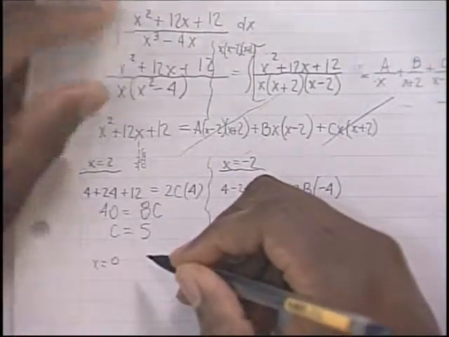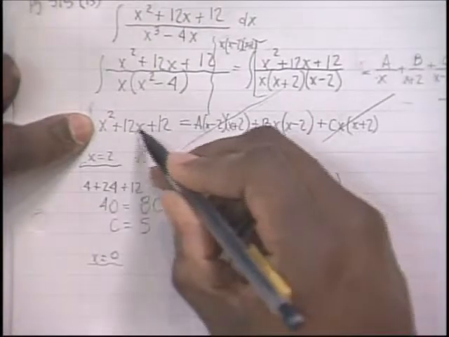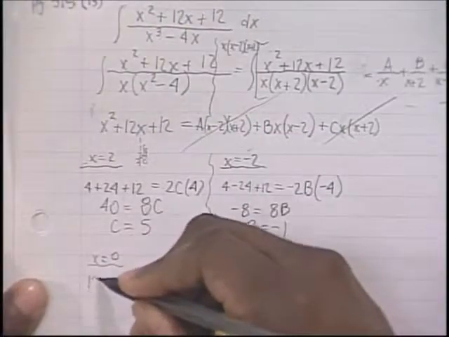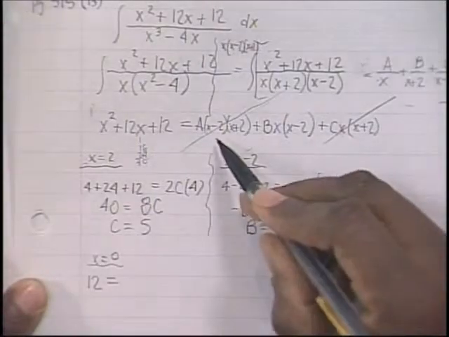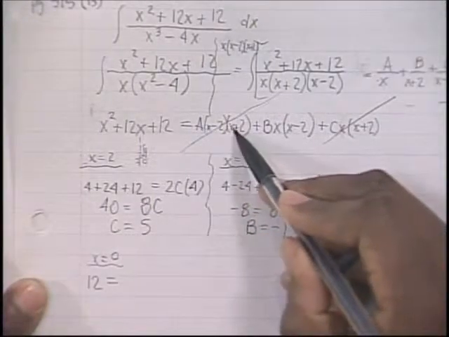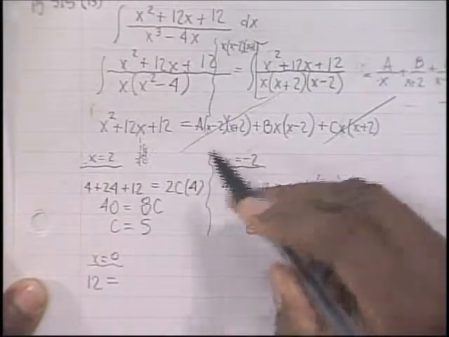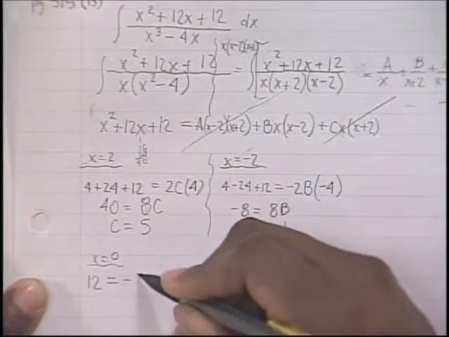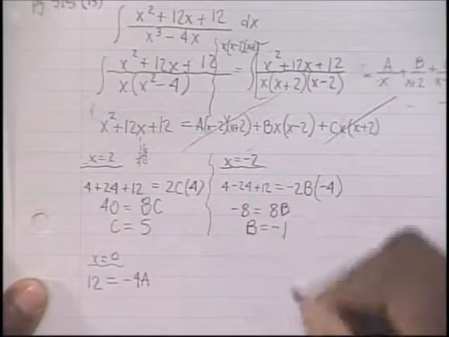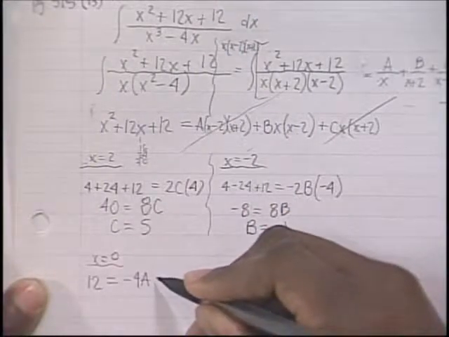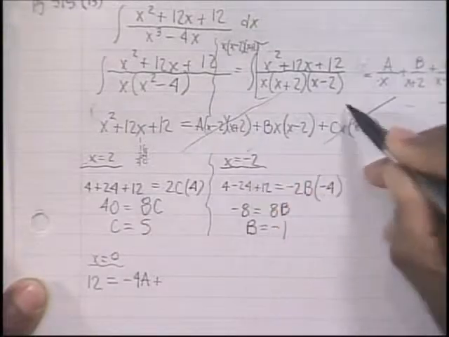You put in 0 here and here, you'd get 12 is equal to -4 times A. If you put 0 here, everything here would be 0.